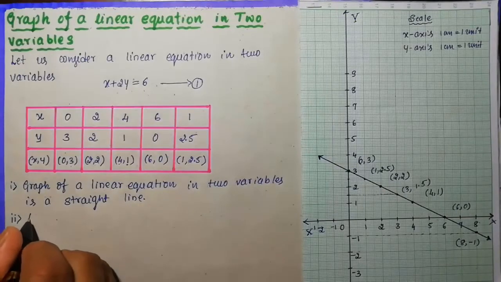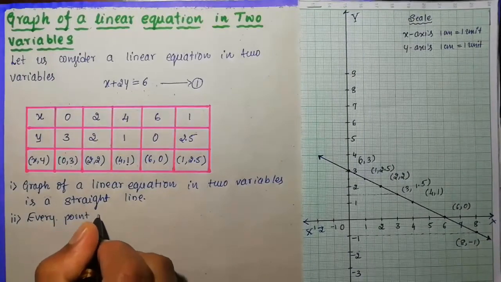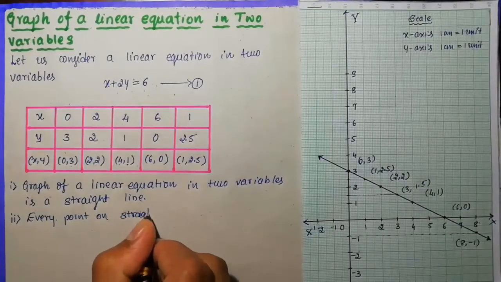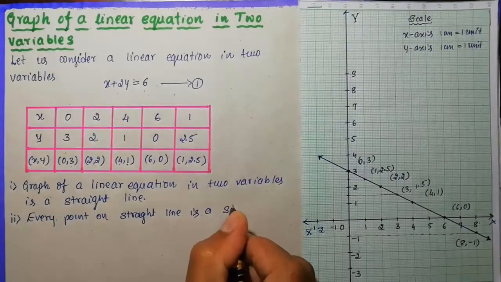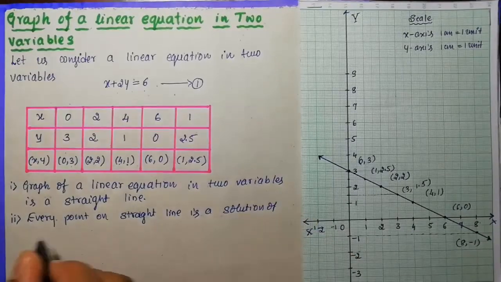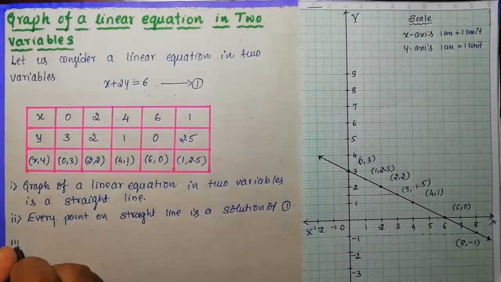So this is the second point: every point on a straight line is a solution of equation number 1. But in the general sense, every point on the graph of a linear equation in two variables is a solution. And the next important thing is the third one.